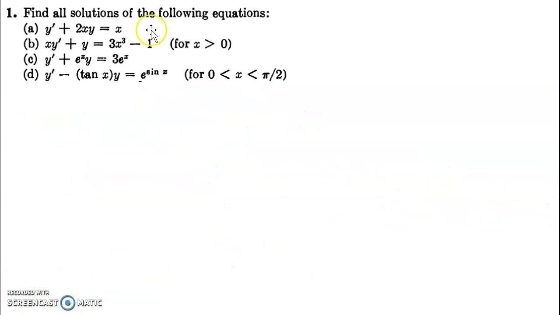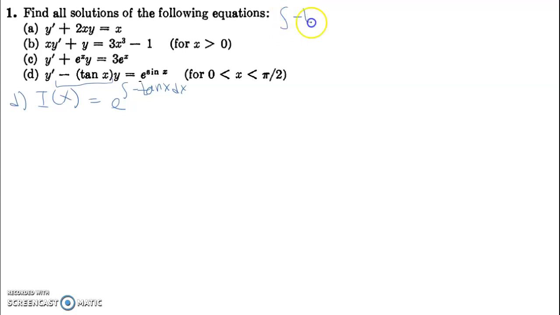All right, let's go ahead and do the last part, which is part D. Okay. So I of x is going to be e to the power of the integral of this. Don't forget the negative. So we have negative tangent of x dx.